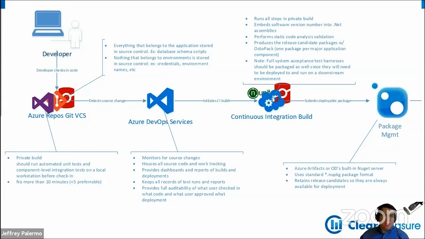The CI build will produce a deployment package for each application component in that single software application. The web application component, your database, your SQL Server database, your batch job or offline job, those all need to be deployed, but they're the same version and they're deployed together, and they are one application, even though there may be multiple components.